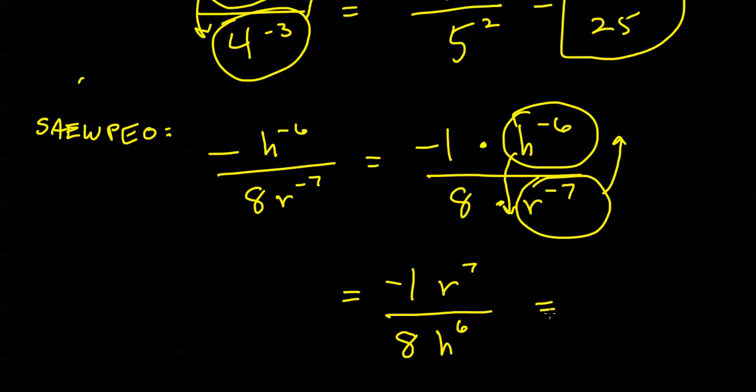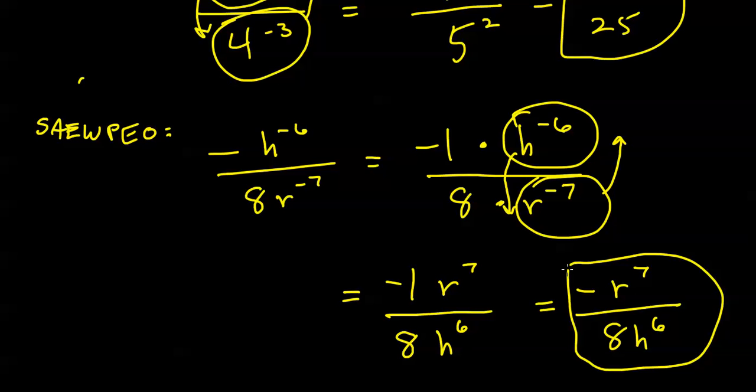So I've got minus 1 times r to the 7th over 8h to the 6th, and multiplying by 1 is redundant, so I think our author would give the answer as minus r to the 7th divided by 8h to the 6th. You've completely simplified and equivalently expressed with positive exponents only.